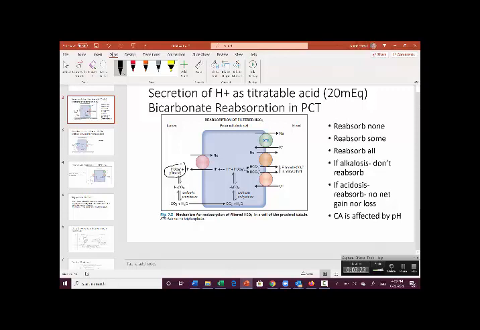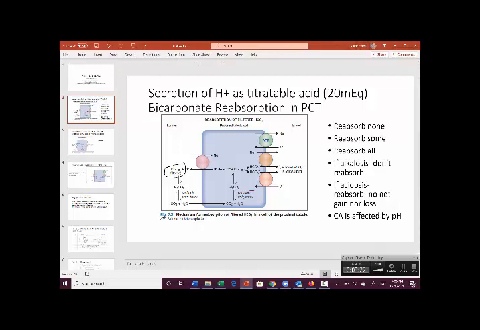So down here, I want you to see this enzyme, carbonic anhydrase. Carbonic anhydrase facilitates the reaction of carbon dioxide being hydrated. So we have CO2 combined with water to form carbonic acid, which is H2CO3.